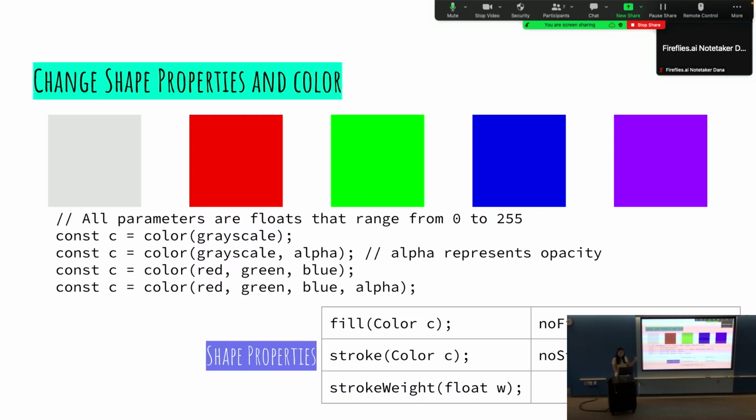If you only had one parameter, the colors will go from 0 to 255, and that will be in grayscale. If you did it with 2 parameters, your second parameter will be an alpha, like opacity, which will also go from 0 to 255. What we're mainly going to use is RGB values. So let's color our house a little bit.